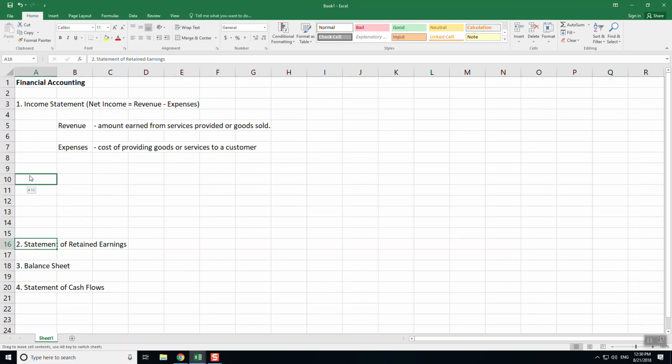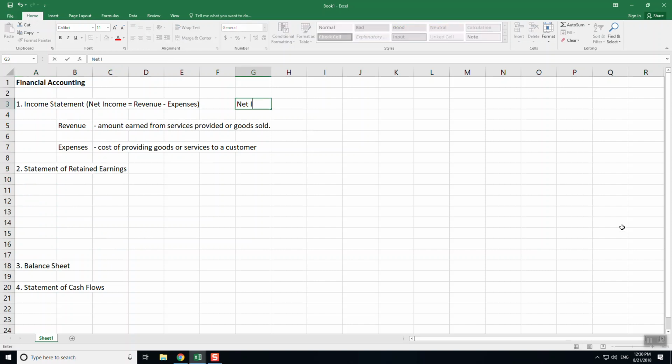So income is synonymous with, I'll make another note, net income. That's a big fancy word that means the same thing as earnings. So what that tells me is, we keep track of income by accounting period.